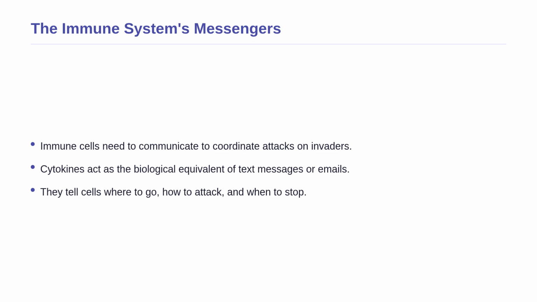Cytokines act as the biological equivalent of text messages or emails. By releasing these chemical messages into the surrounding fluid, a single cell can instantly alert the rest of the immune system, telling other cells exactly where to go, how to attack the invader, and just as importantly, when to calm down once the threat is neutralized.